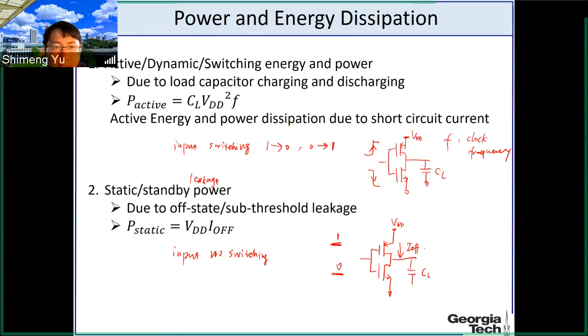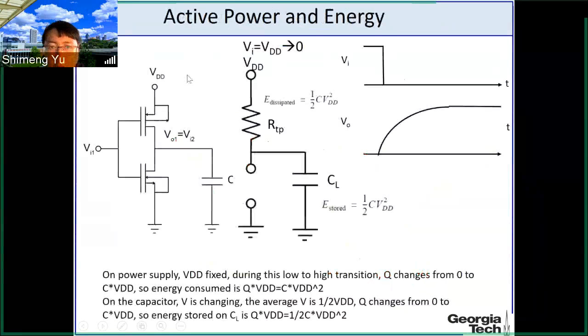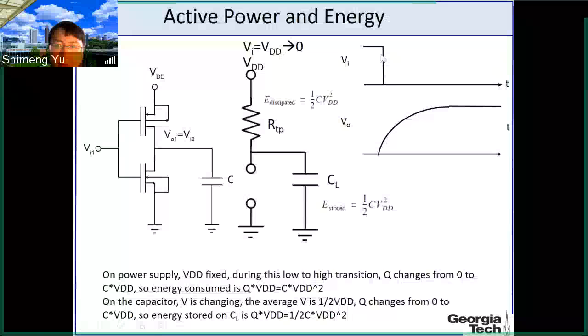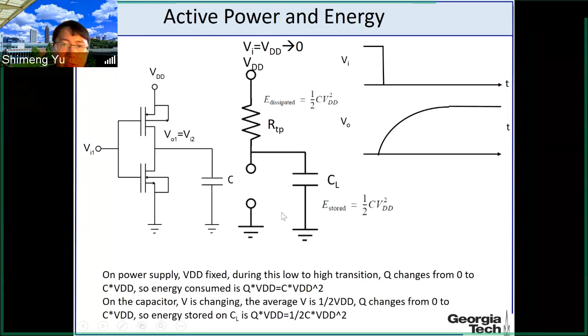Okay, then let's look at the dynamic switching power first, and how to calculate it. We need to think about this process. For example, in the first half clock cycle, the input has a high to low transition and the output a low to high transition. Output low to high means the PMOS is pulling up. PMOS is charging this capacitor. So let's use the RC equivalent circuit.